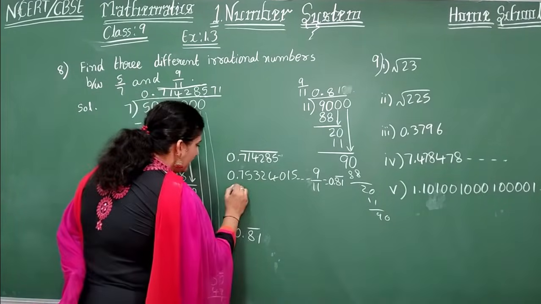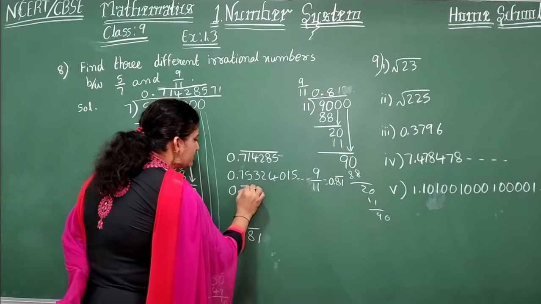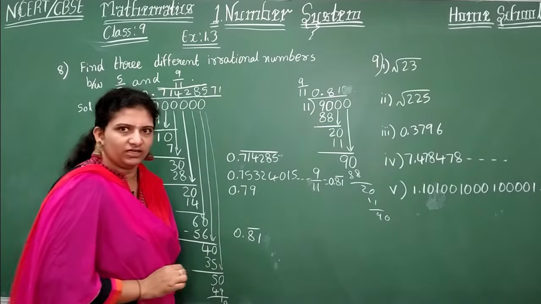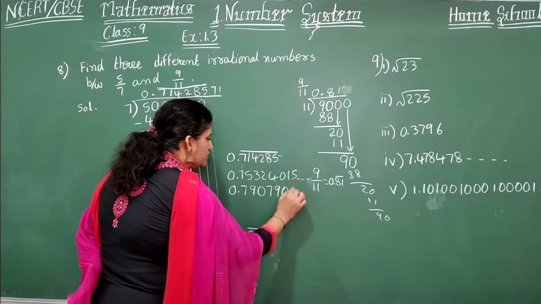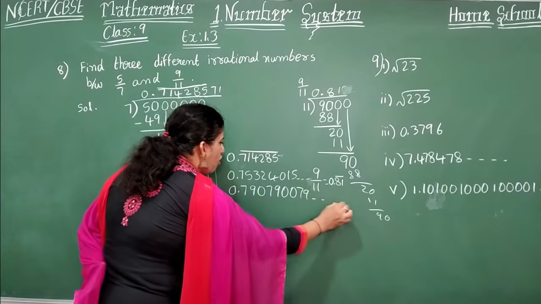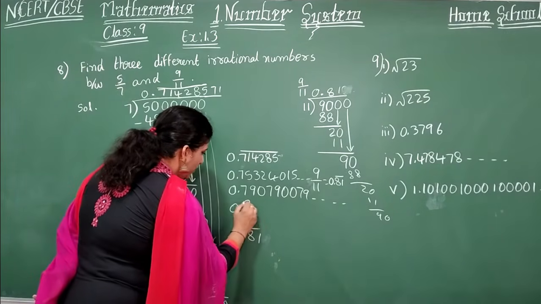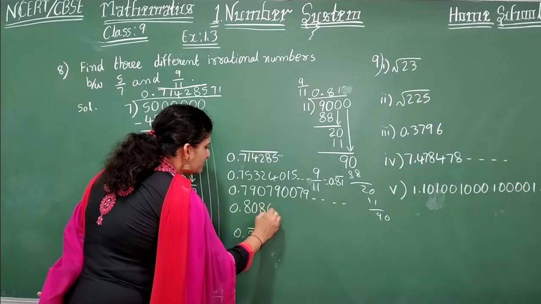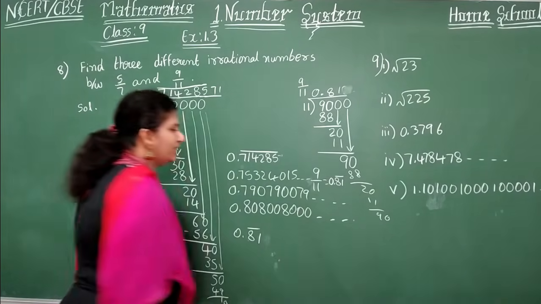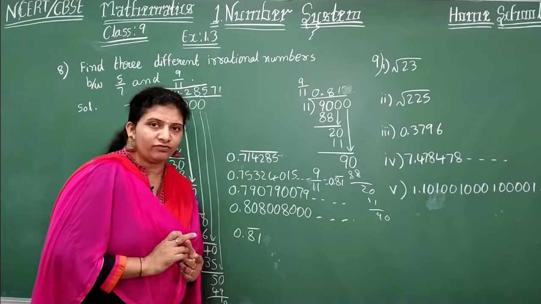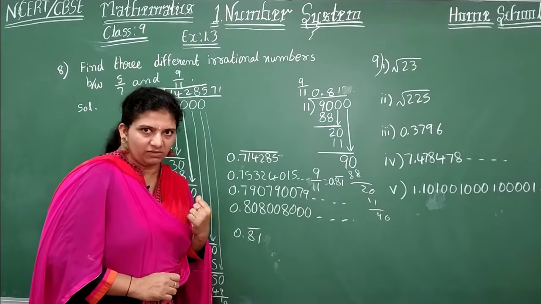So next, any other number if you want. Let me take 0.7907900779, and so on. There is no end. And again 0.808008000, and so on. That means you should confirm such a way that you should not end your decimal number.